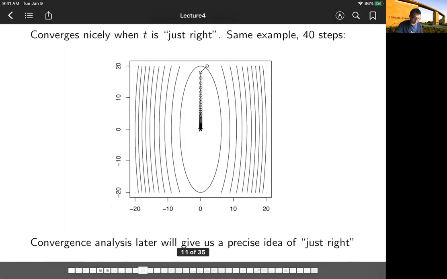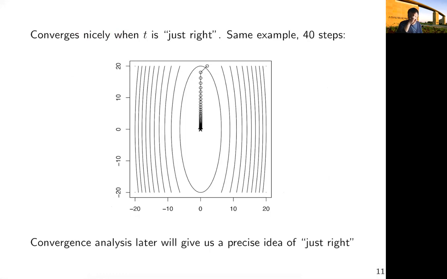So if we choose this learning rate parameter t to be just right, chances are we are able to converge to the optimal solution with a very small number of iterations. So in this case, when we choose t appropriately, it takes only 40 steps that we get a point that's nearly indistinguishable visually from the optimal solution.